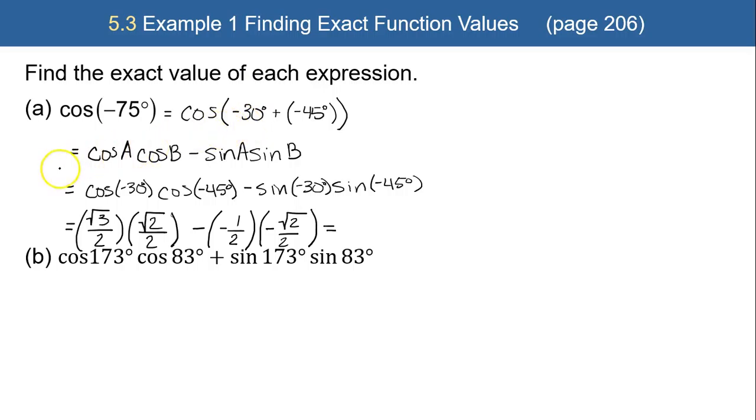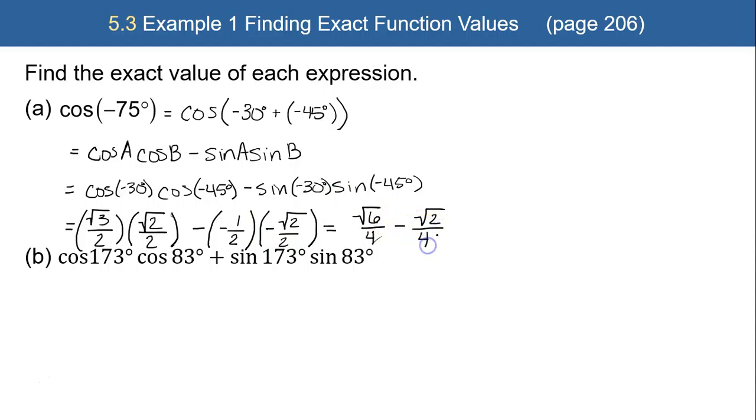So the square root of 3 times the square root of 2 multiplies to the square root of 6. And then 2 times 2, that's 4. And then minus 1 times the square root of 2, that's square root of 2. And both of these are negative, so it's going to become a positive whenever we multiply them together.